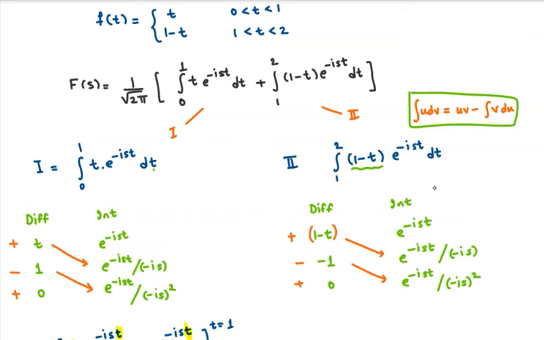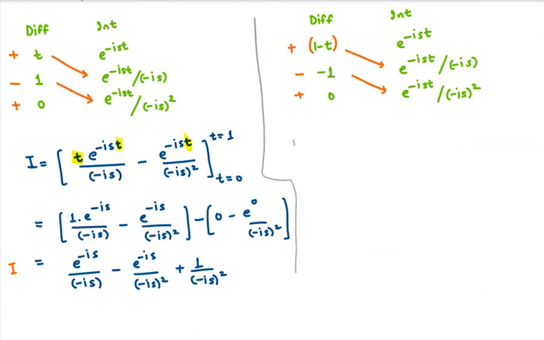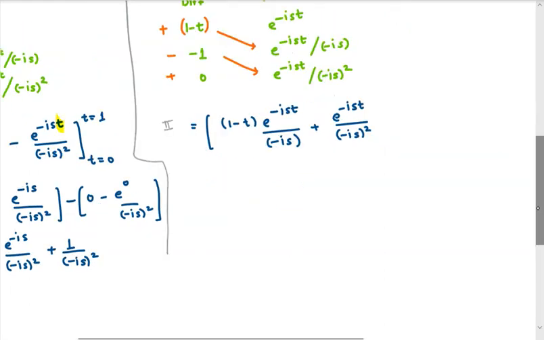Recollecting the values now, we get the value of this integral as 1 minus t times e power minus iota st over minus iota s, minus minus becomes plus, e power minus iota st over minus iota s to the power 2. And the limits for t is from 1 to 2.